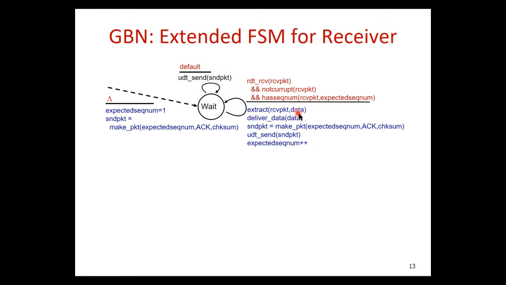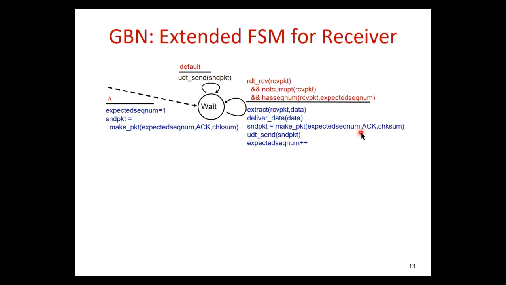The receiver will extract the data and deliver it to the upper layer. Data is delivered without loss, without misordering. And it's going to build the ACK. The sequence number carried by the ACK will be the expected sequence number, because that is what it has received.